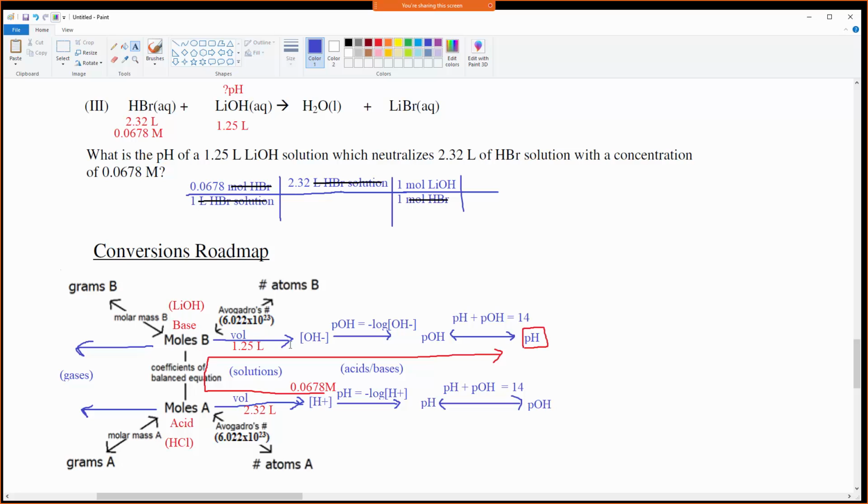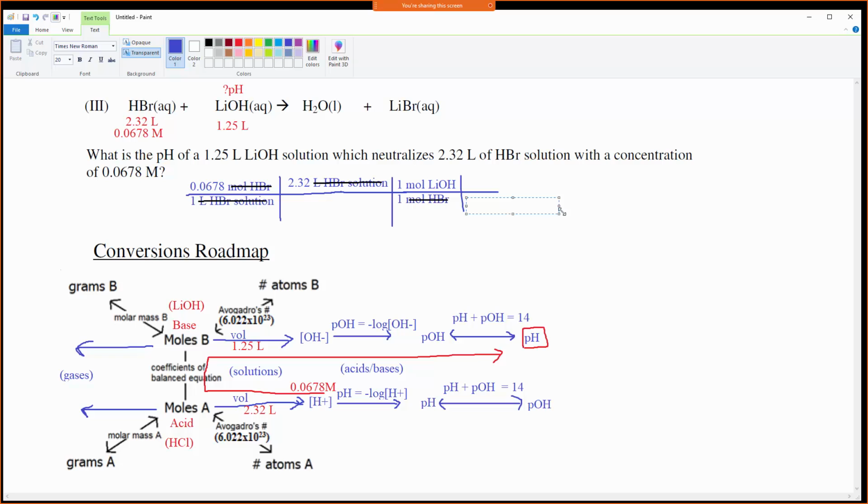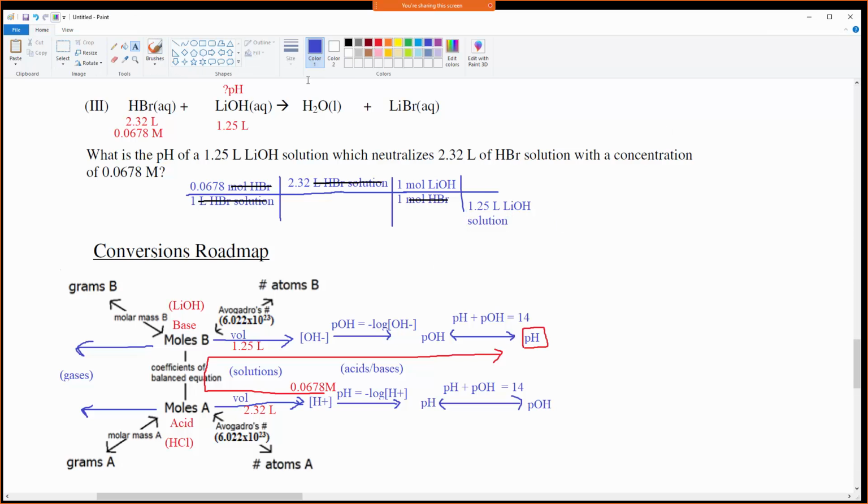And now this is telling me to use my liters here to find the concentration. So I'm going to put 1.25 liters of my LiOH solution on the bottom, and that's going to give me moles per liter of LiOH solution here. This is where I've got to get off my little train here.